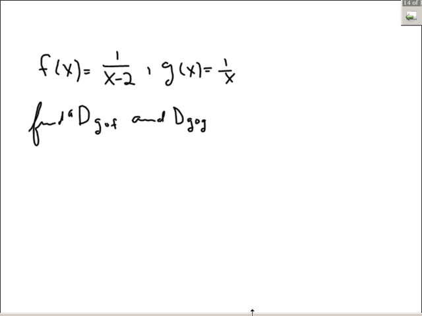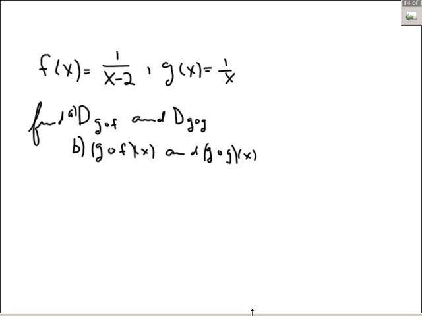That's part A. And part B is find g circle f of x and g circle g of x.